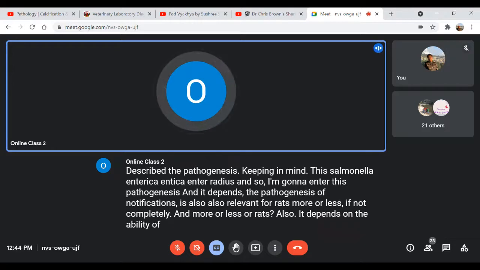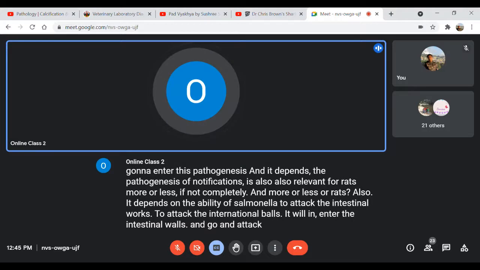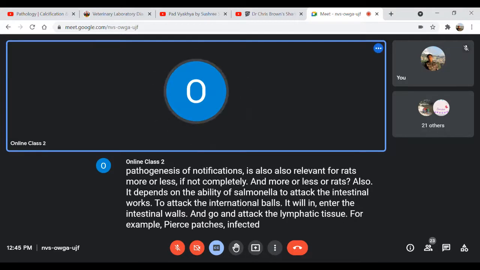It depends on the ability of Salmonella to attack the intestinal walls. It will enter the intestinal walls and attack the lymphatic tissue, for example the Peyer's patches.